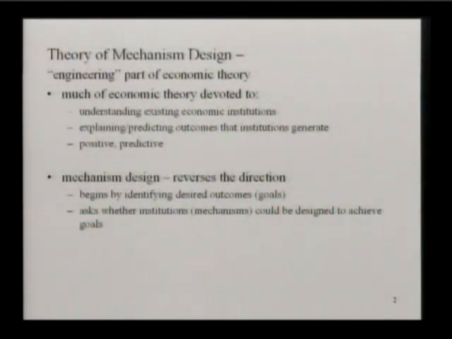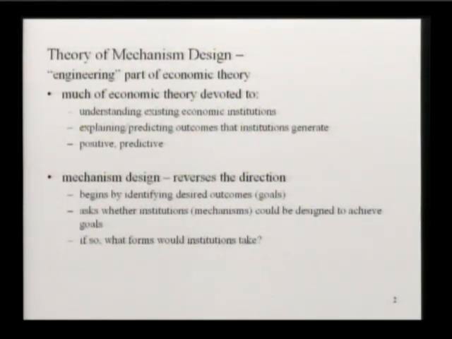And then we ask, first of all, whether one could build institutions or mechanisms that would achieve those goals. And if the answer is yes, then we want to know what form those institutions take. What would the institutions look like? And this is the normative or prescriptive part of economics. It's a part of welfare economics.